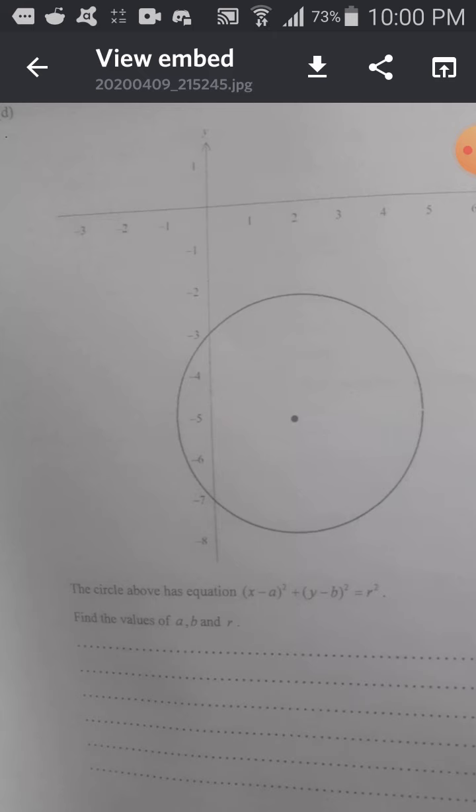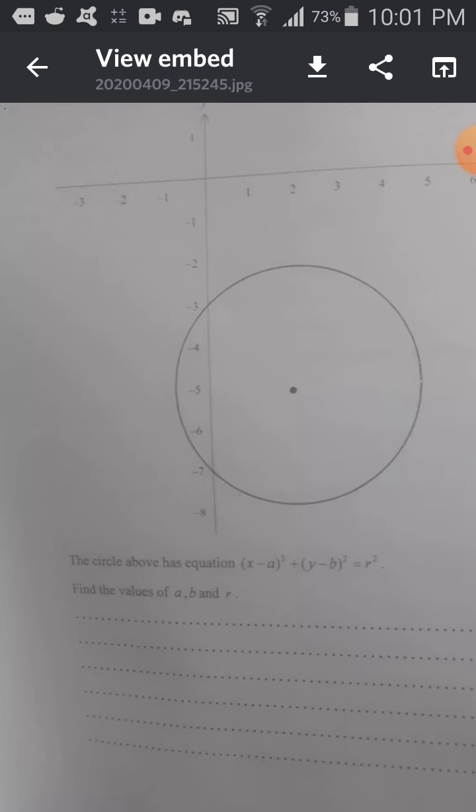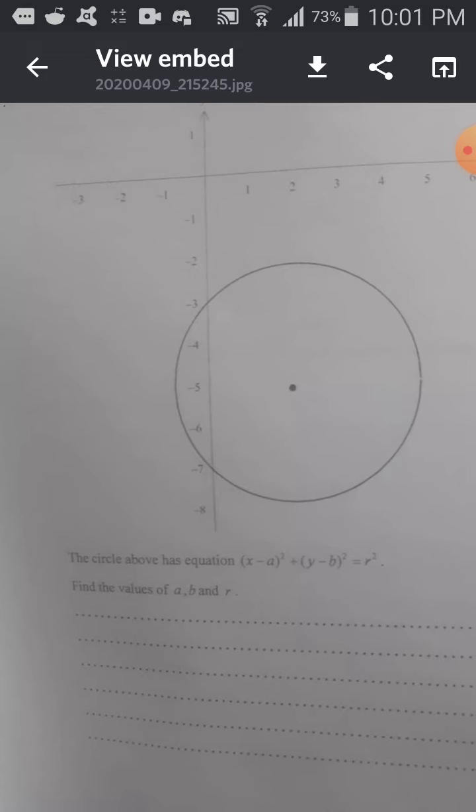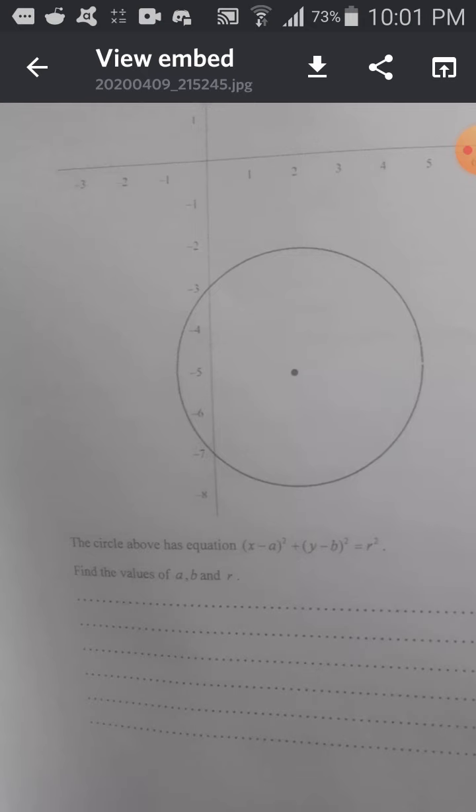A is equal to the point of x. Do you know what I mean by that? Whatever the x value, the point of the x value is. What I mean by that is that if the center of the circle has x coordinate 2, that means a is also equal to 2.